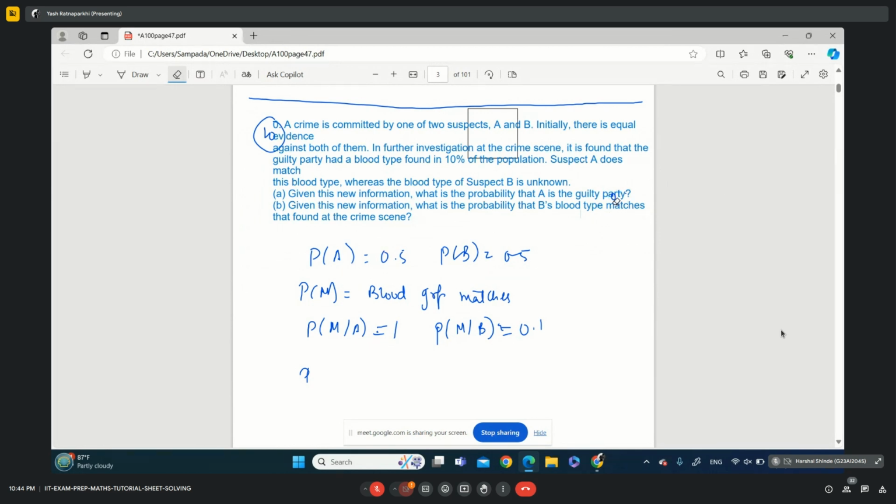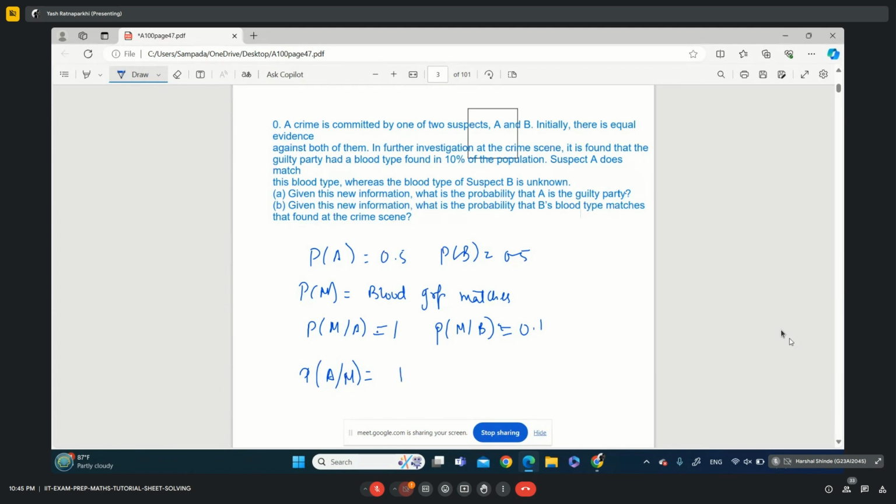Okay. So we need to find the probability of A being the guilty party given that his blood type matches, right? So what do we need to do now? Do you remember the formula from yesterday, Bayes theorem?